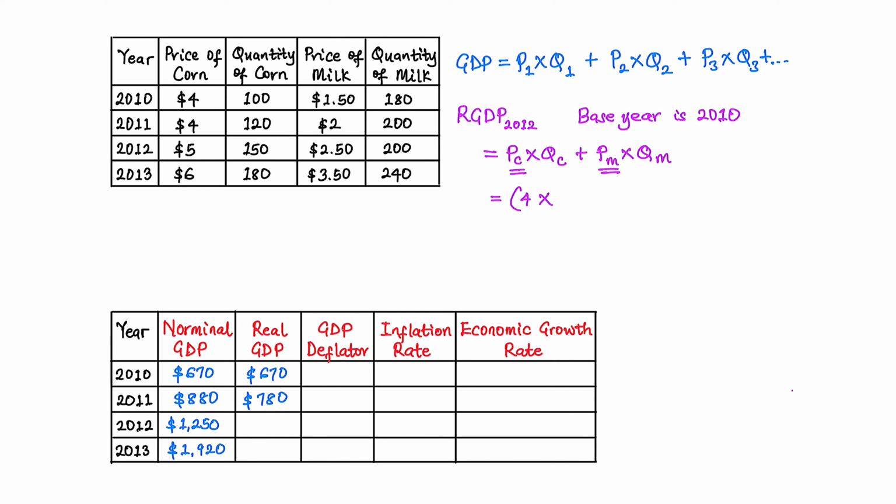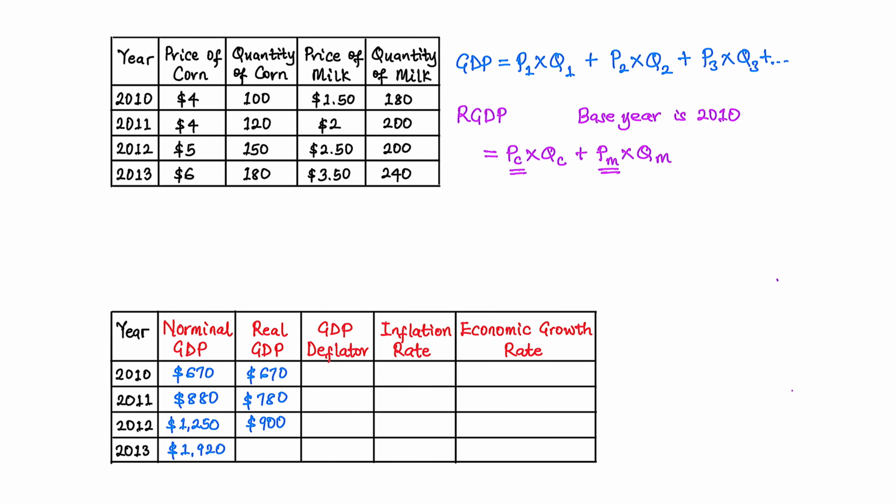The quantity of corn in 2012 is 150, plus the price of milk in the base year, that's 1.5, multiplied by the quantity, that's 200. Simplifying, we have 4 times 150, that's 600, plus 1.5 times 200, that's 300. That will give us a sum of 900. So the real GDP in 2012 is $900.